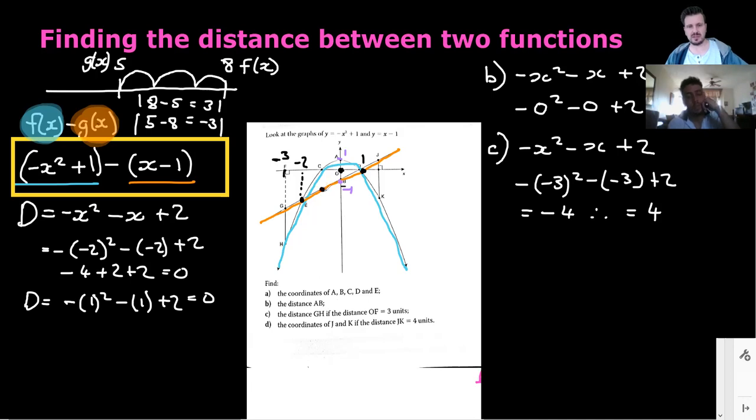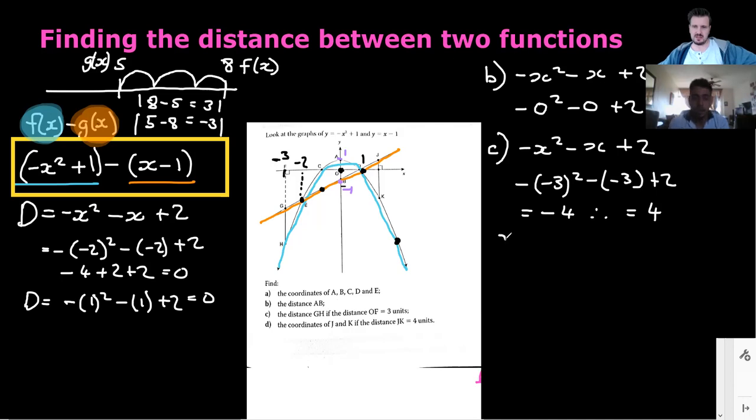There we would have to use the distance formula, which is the square root of (x2 minus x1) squared plus (y2 minus y1) squared. So it only works if it's straight down, in alignment.